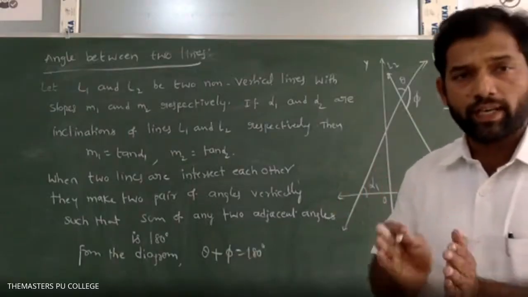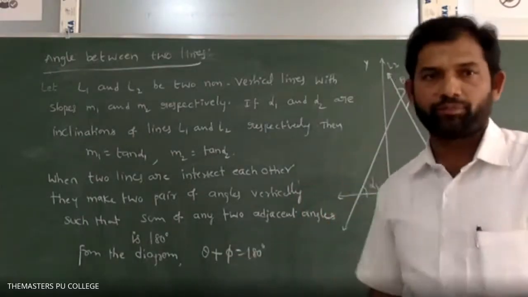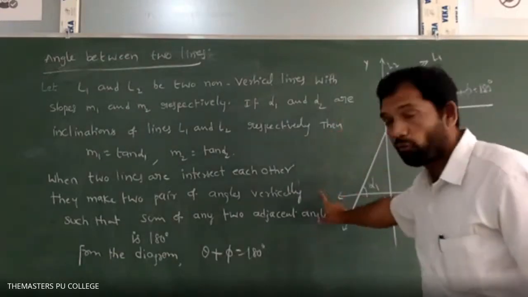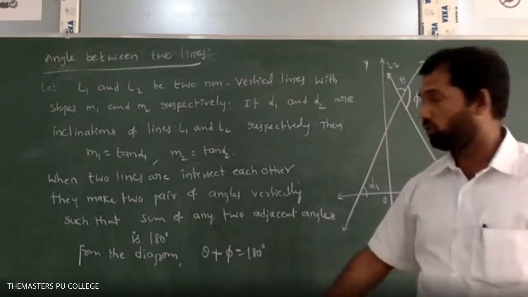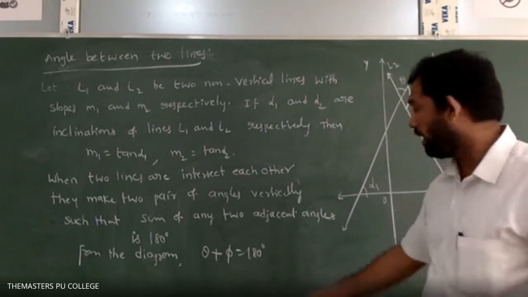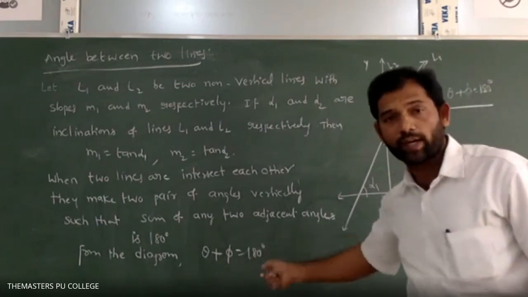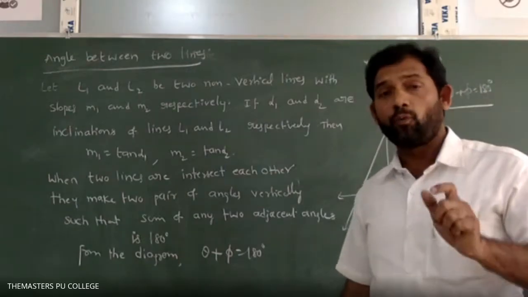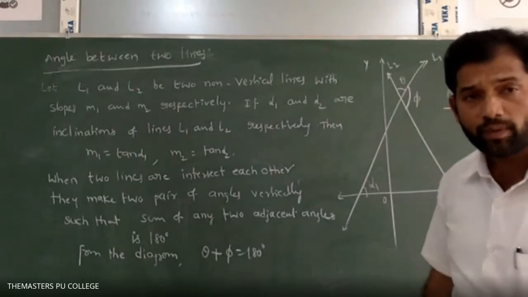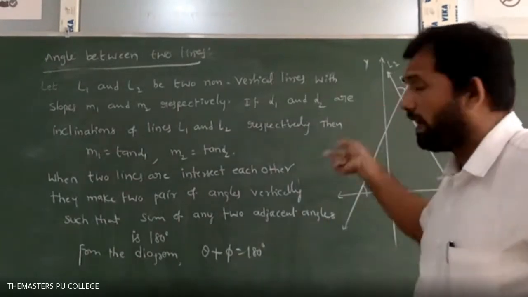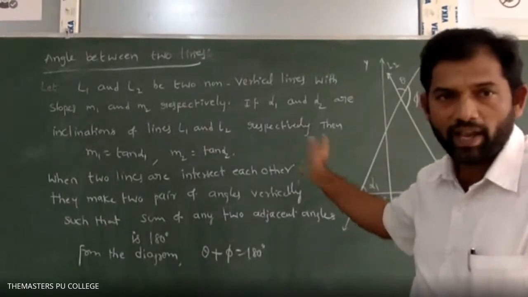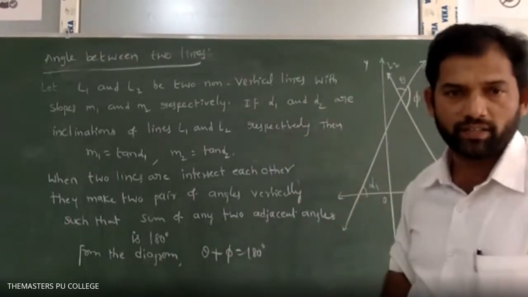Now, about the diagram, we have written up to this. First, about the lines. Next, what we observed from the diagram. Those points only we wrote. So the final conclusion is theta plus phi is equal to 180 degrees. Finally, what is our aim? You are going to simplify the angle between the two lines.